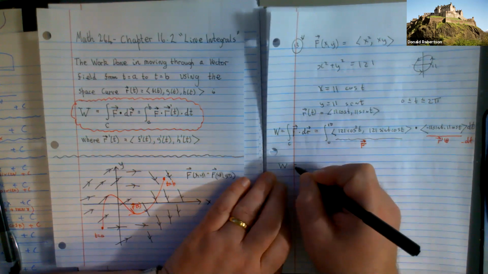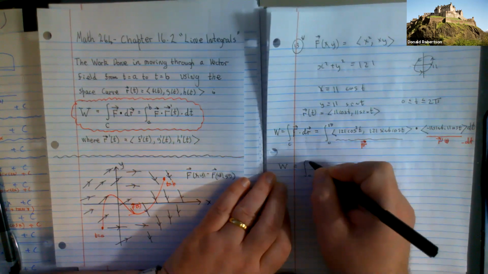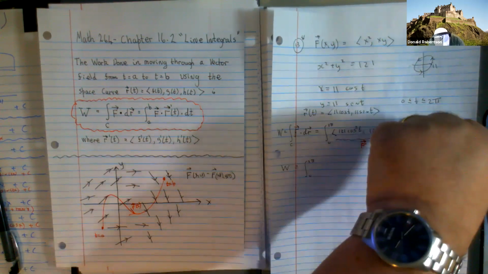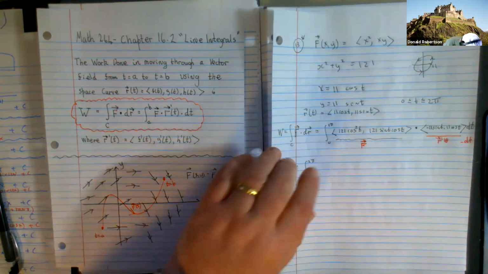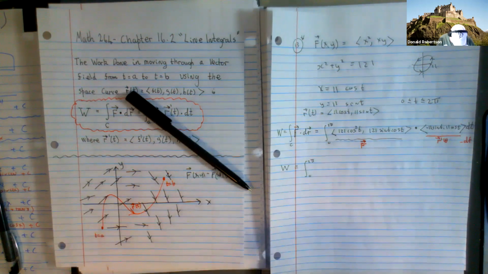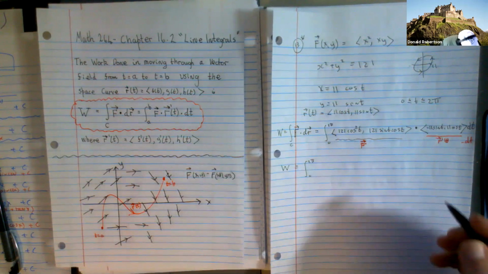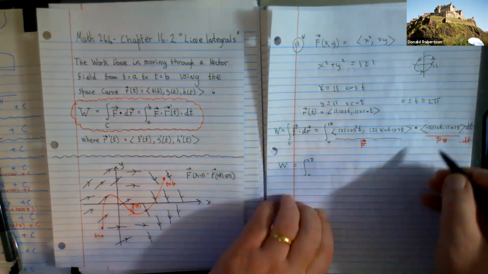So the work done is going to be the integral from 0 to 2 pi of the dot product. This guy times this plus this guy times this. So let's see what we got. Oh, I should have just called it 11 squared. So let's pretend it's 11 squared. So what am I going to get?